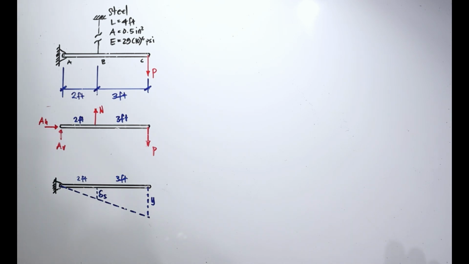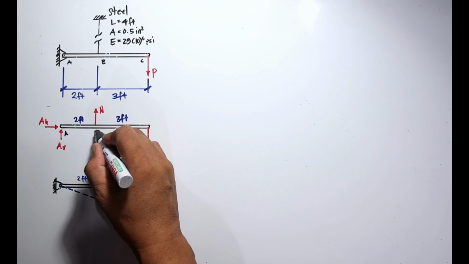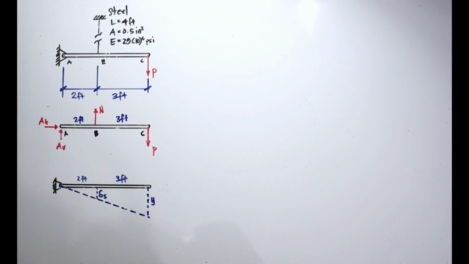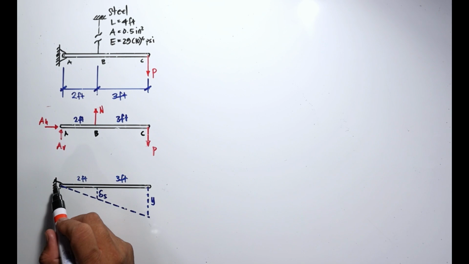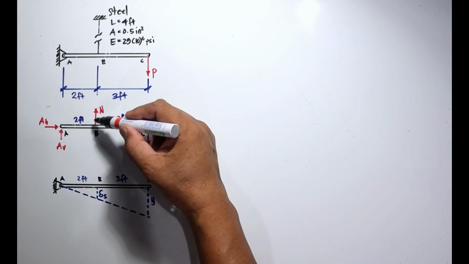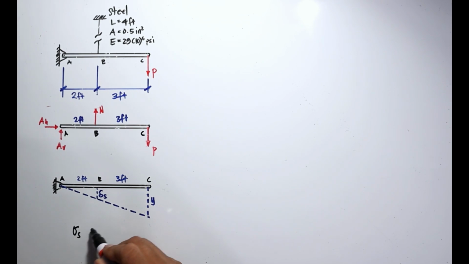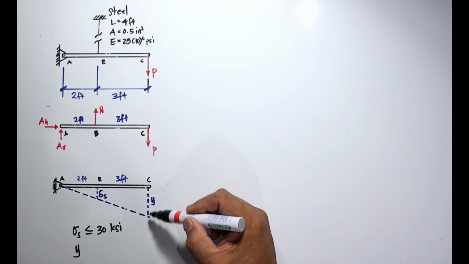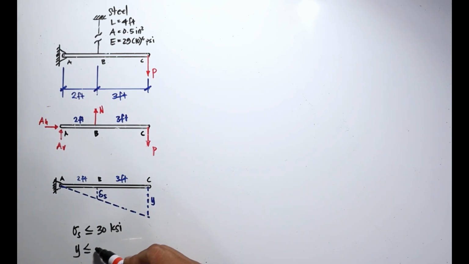One is the free body diagram of the rigid bar ABC, and another the final position of the rigid bar after the application of the load P. So we are given that the stress in the steel is limited to 30 ksi, and the movement y is limited to 0.1 inch.